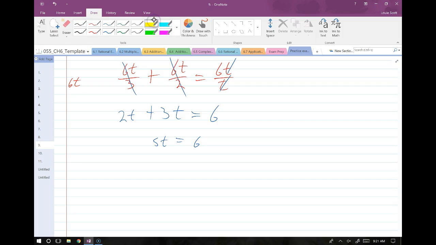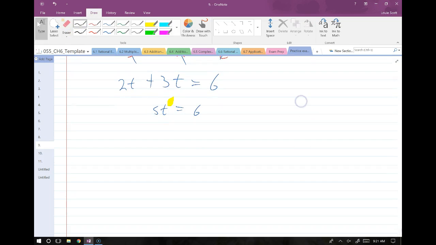And remember, this is one of those easy solutions because this is a degree 1. There's no degree 2 up here, right? It's not t squared, so this is an easy solution where we just isolate t. Now I divide both sides by 5. And I have t equals 6/5.